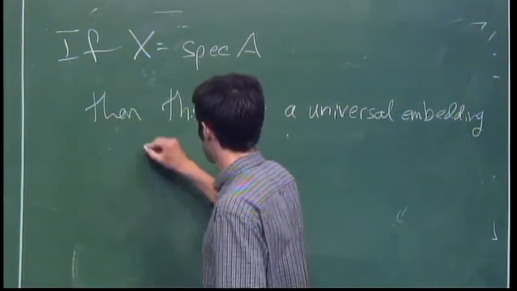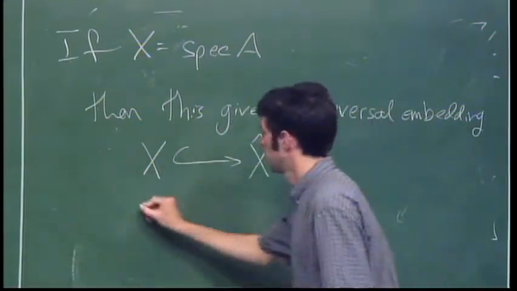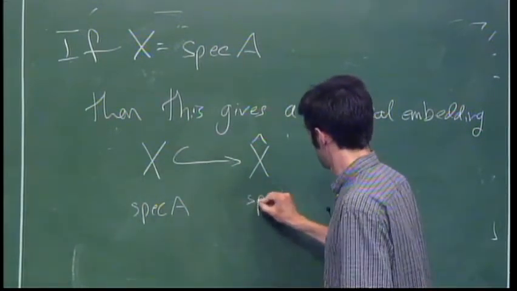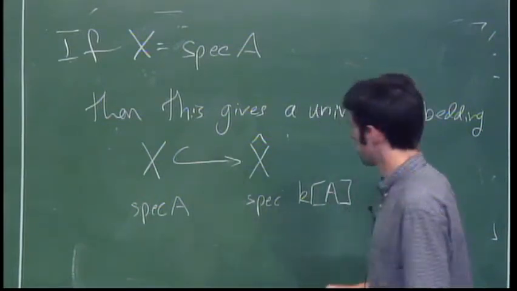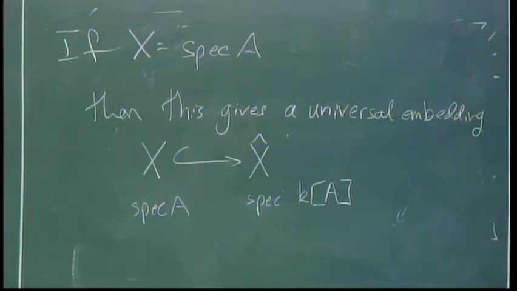It gives a universal embedding, which I'll just write as X into X hat. So X is spec A, and X hat is spec of K adjoin A, and the closed embedding is given by, on the level of algebras, the evaluation map.